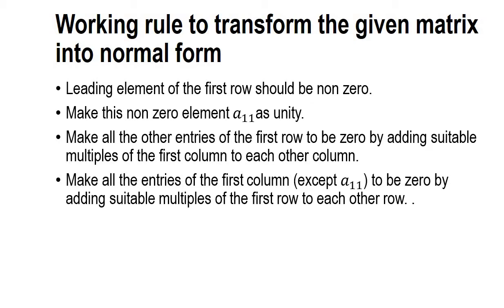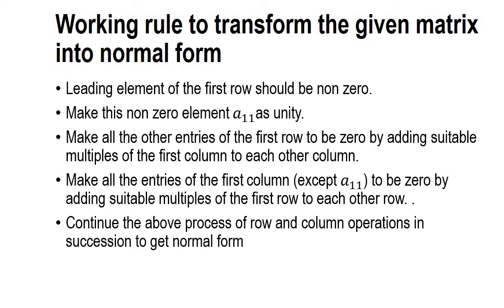This is quite common. First we are having the operations with the column, and we make the first row elements 0 other than the first element, and similarly the first column we consider, and by adding or subtracting, depending on the situation, we add the suitable multiples of the first row to each other row and make all other elements in the first column 0.